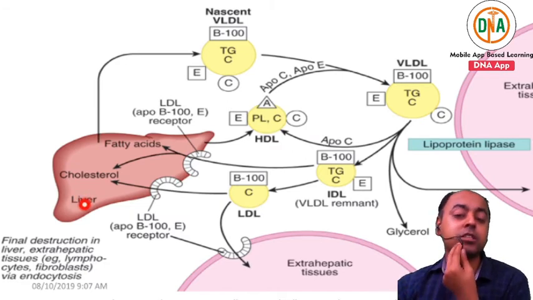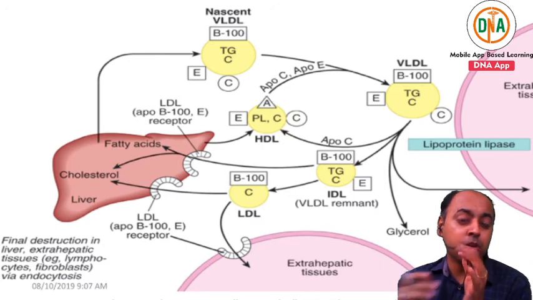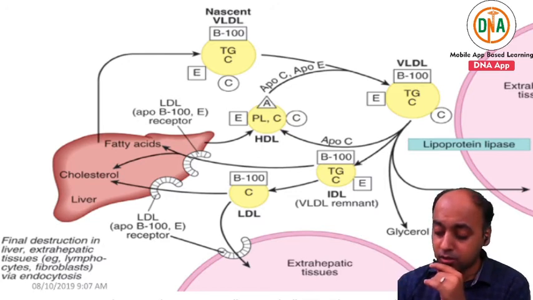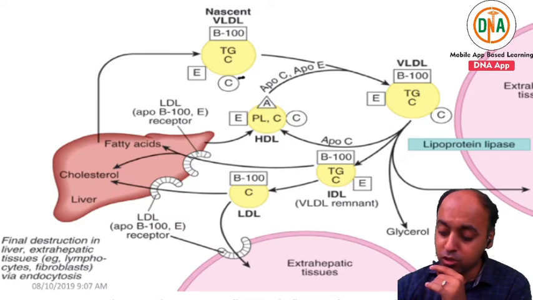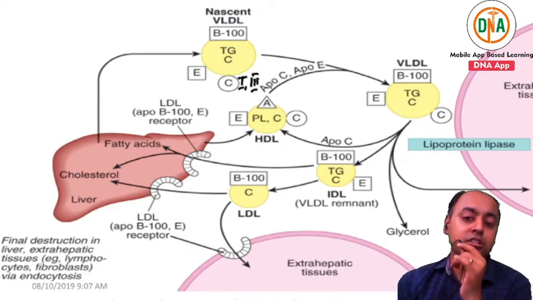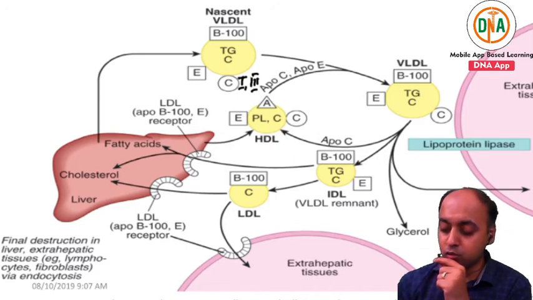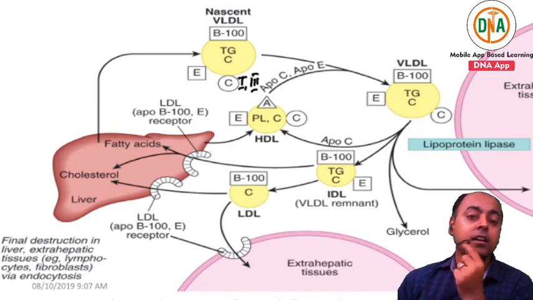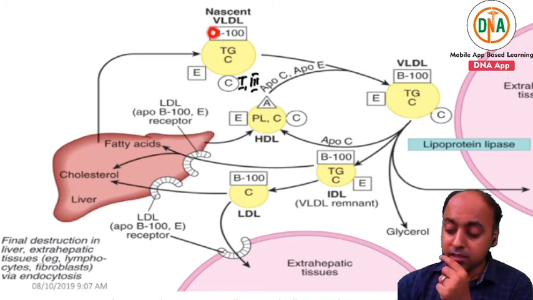Alright, because it is being synthesized by the liver, it has a large number of proteins. It even has ApoC but not ApoC2. C1, C3 can be there, but C2 is not there. And the apolipoprotein which is synthesized is the B100.